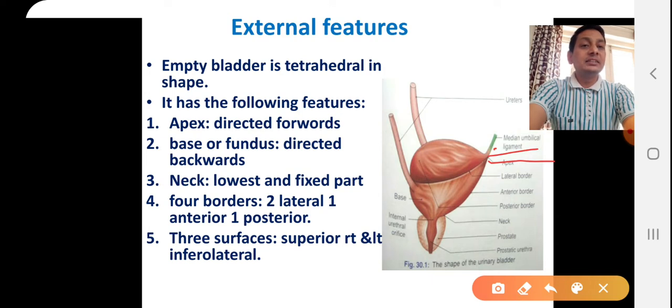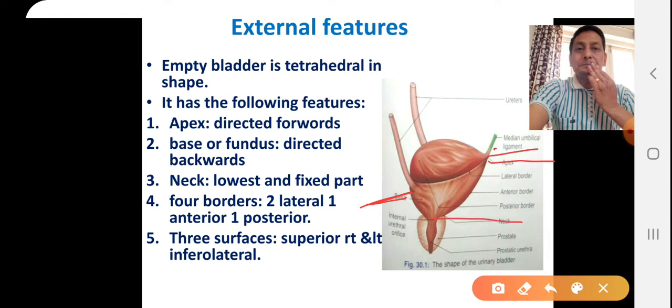Then there is a base, or fundus, of the urinary bladder, directed backward. The apex is directed forward, the base directed backward, and this is the neck, which is the fixed part.